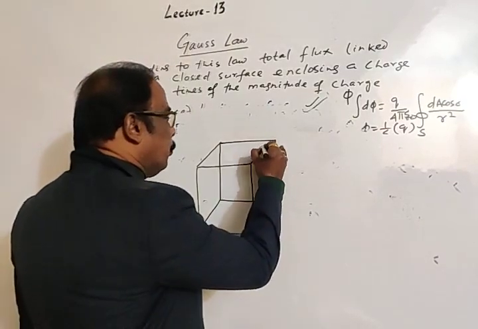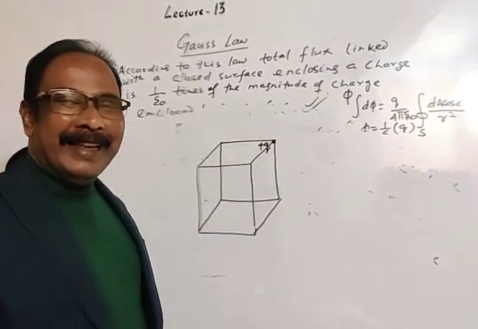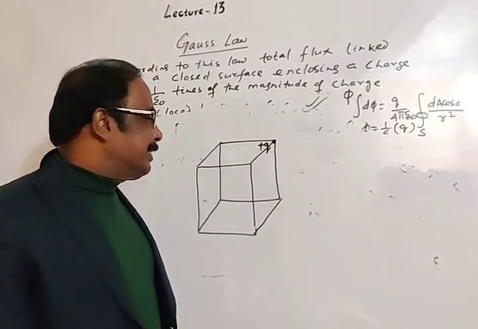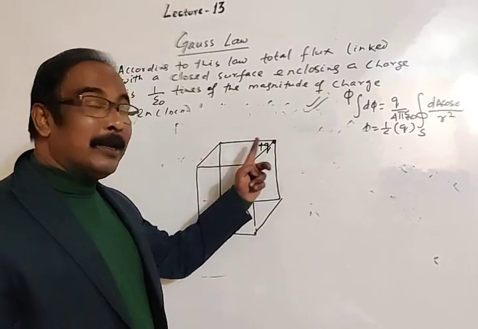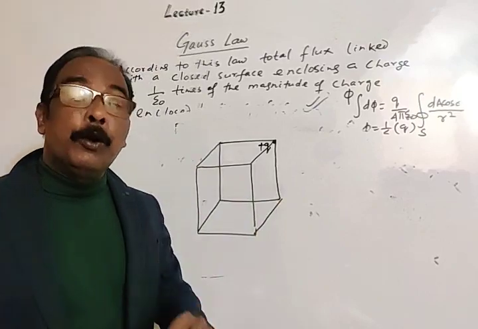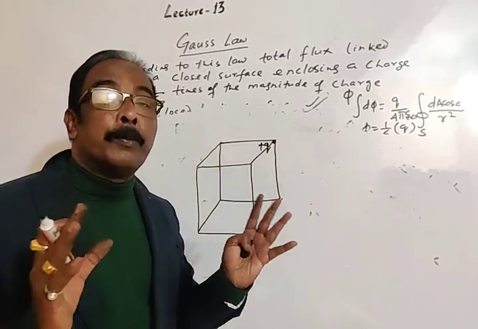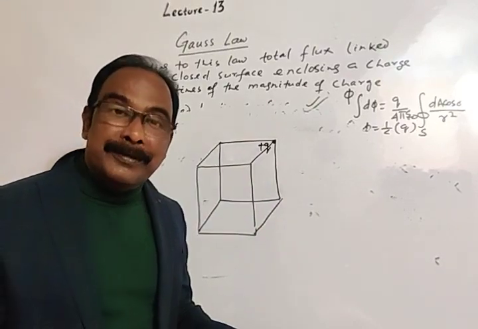Charge is at one of the corners of the cube. Then what is the total flux associated with the whole surface of the cube?